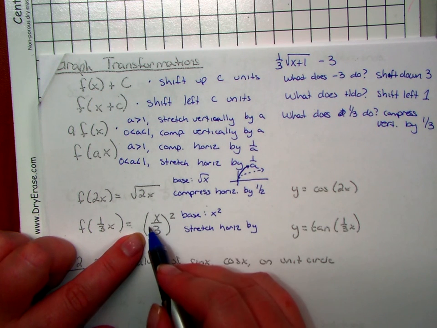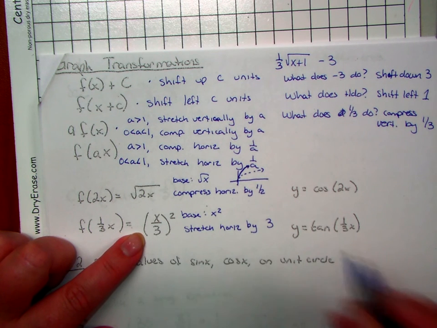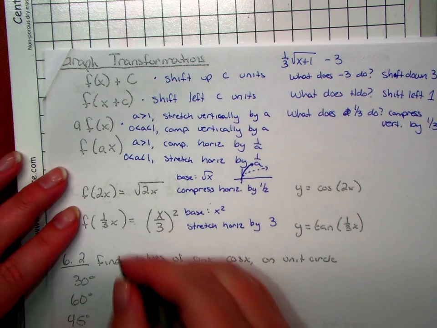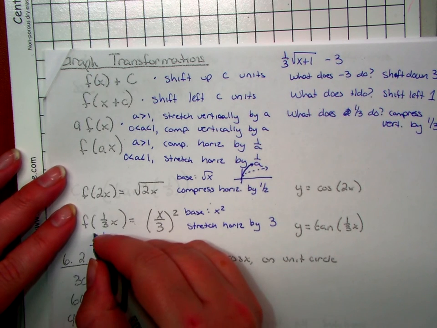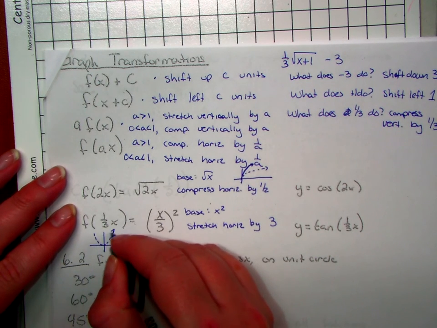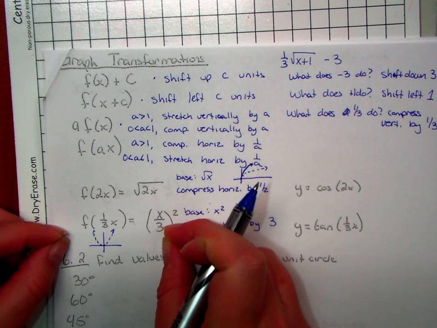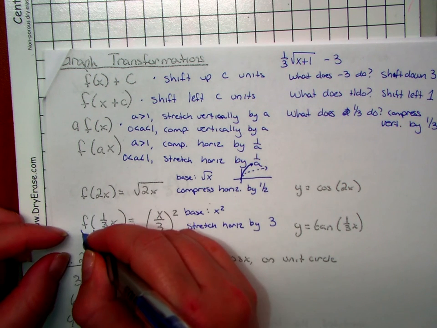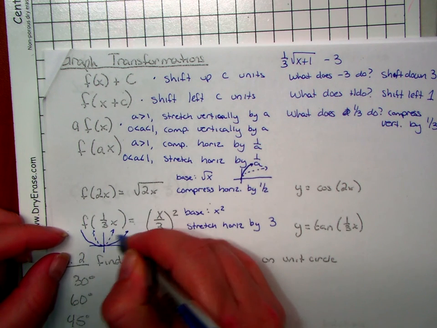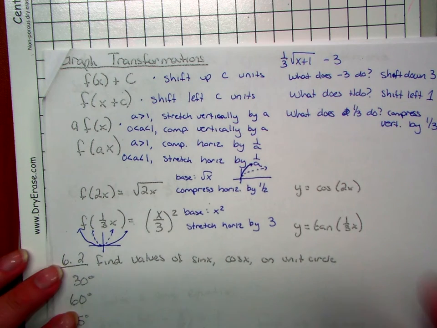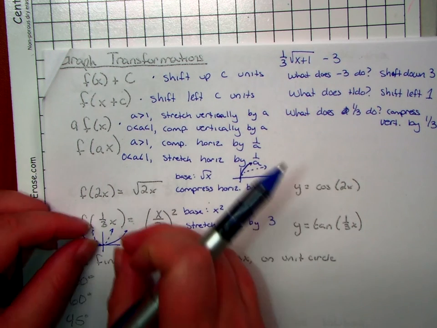So if the factor is 1/3, the reciprocal is 3. So what happens if we stretch horizontally? Let's take an x squared and stretch it. Okay? So we're going to pull it away from the y-axis. So if I pull this away from the y-axis, I get something that looks like that. All right? You don't have to worry about the trig functions over here, but stretching it.